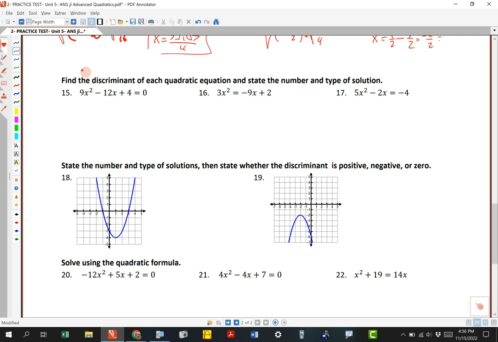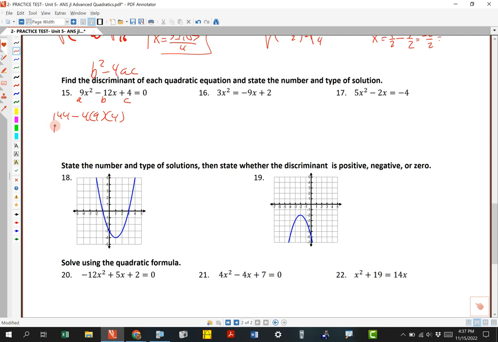So the discriminant, remember, is, whoops, not the whole thing. It's the b squared minus 4ac part. So this is a, this is b, this is c. So we're going to do b squared, so that's going to be 144 minus 4 times a times c. So that's going to be a 9, and that's going to be a 4.